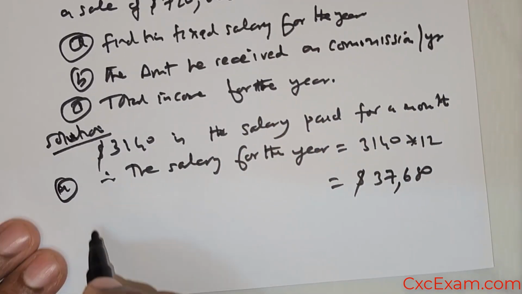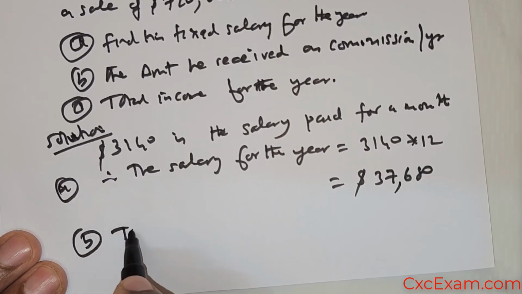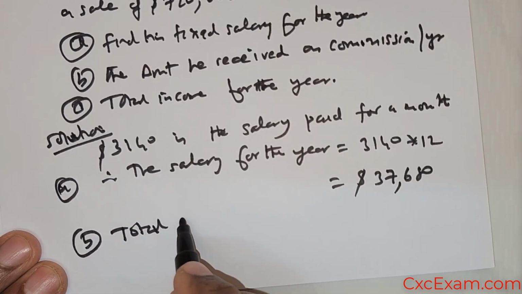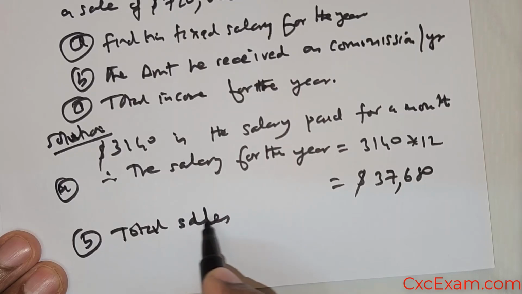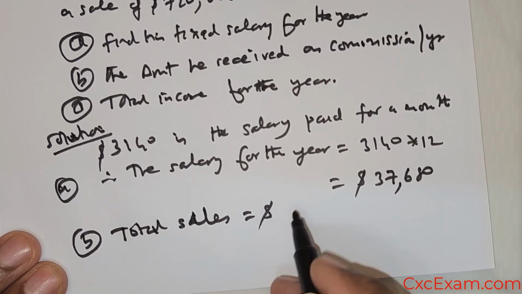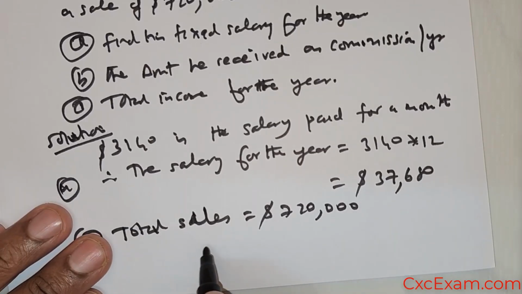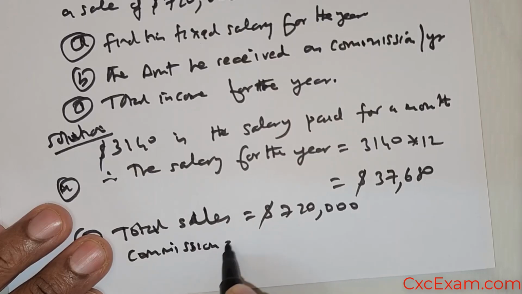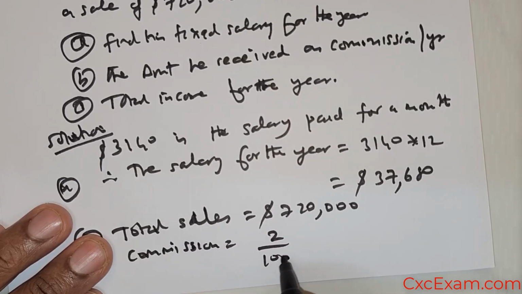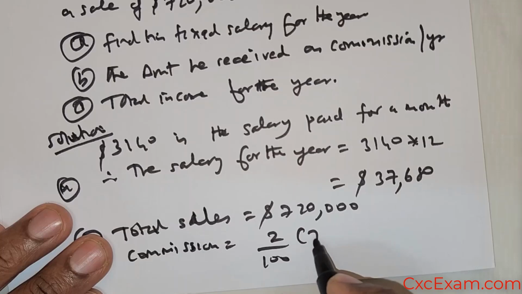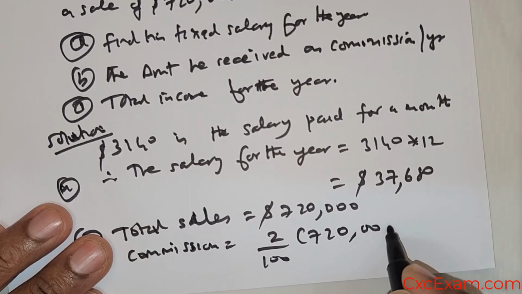So this is part B. Total sales is $720,000. So commission is what? Commission is 2%, so 2 over 100 multiplied with 720,000.